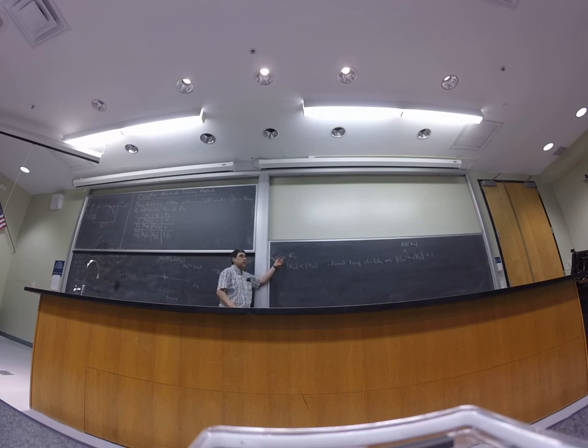GOL, as Ashley correctly said and I incorrectly wrote, is GU times GC, and for P control, GC is KC. So everybody okay? That's the GOL, the product of everything in the loop. Our loop is GC, but for P control, GC is simply KC, and GU.